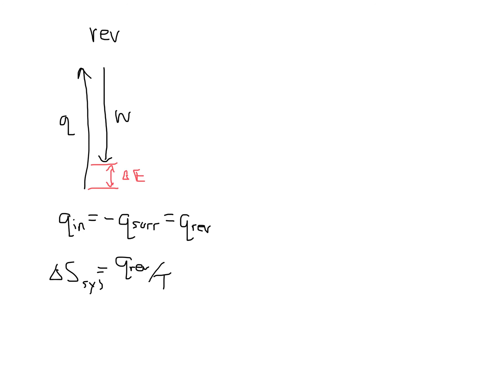And since the heat lost by the surroundings is equal to the heat gained by the system, we can see that delta S of the system is equal and opposite to the delta S of the surroundings.